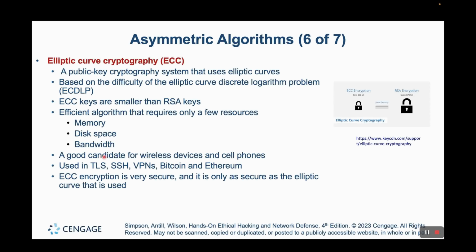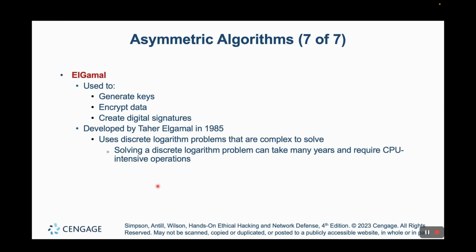It's a very good candidate for wireless devices, and especially cell phones use it a lot, and it can be used in TLS, SSH, VPNs, Bitcoin, and others. The encryption is very secure, by the way, but it's only as secure as the elliptic curve that is used.